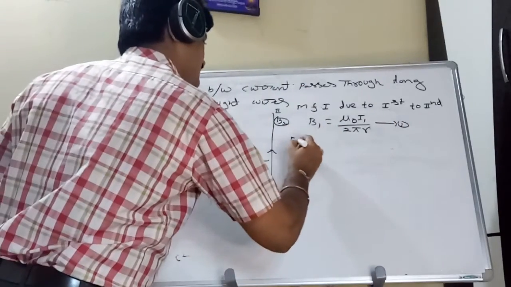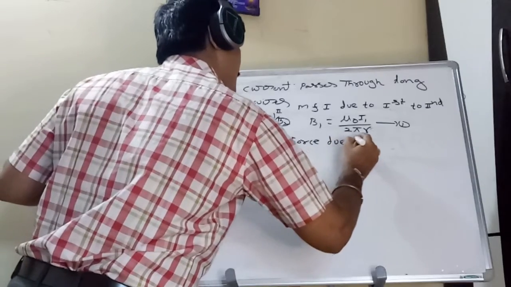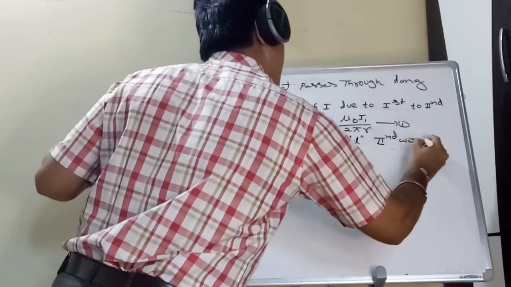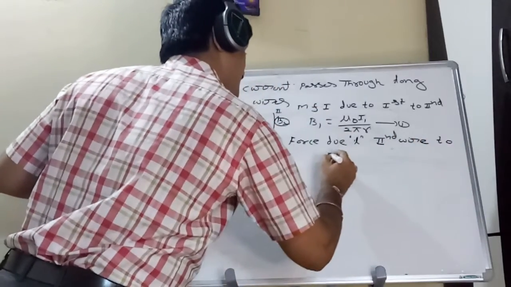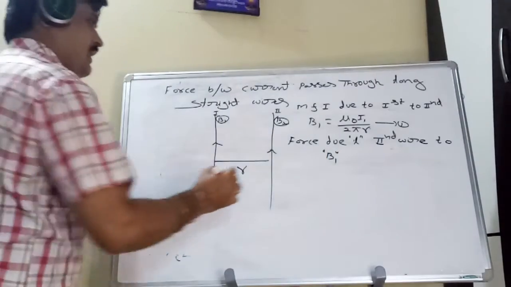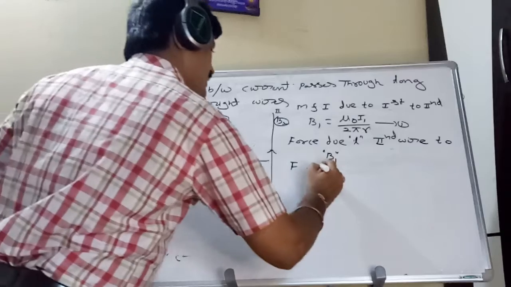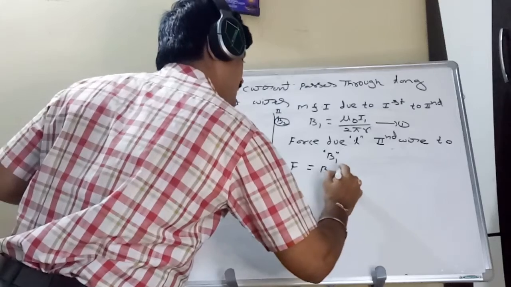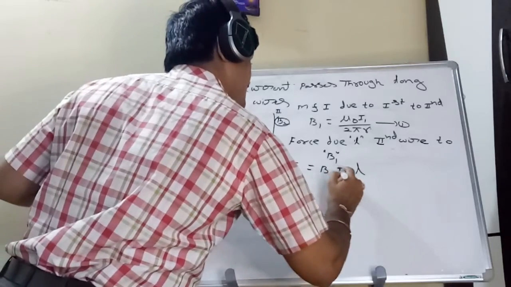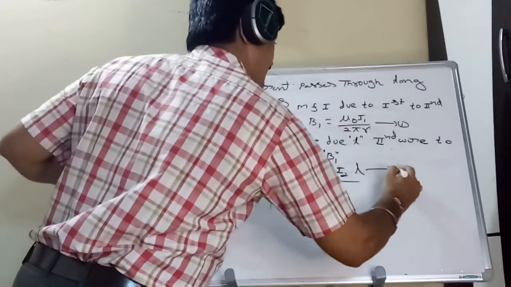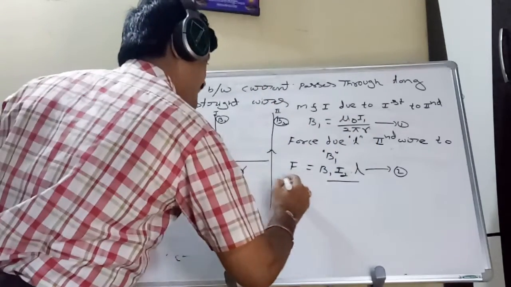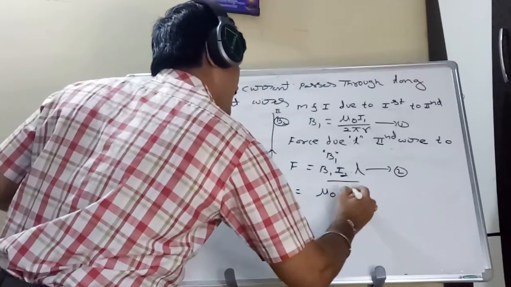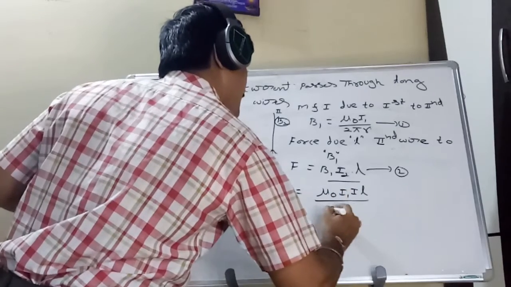So the force on the second wire due to B1 is F equal to B1 I2 L, where this is I2. This is the second equation. So from 1 and 2, F is equal to mu naught I1 I2 L by 2 pi R.